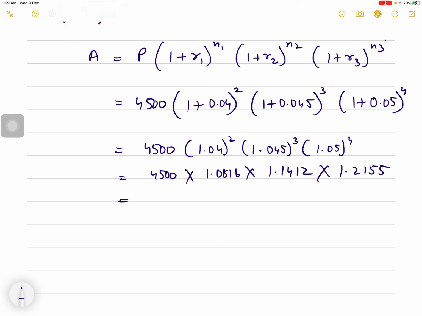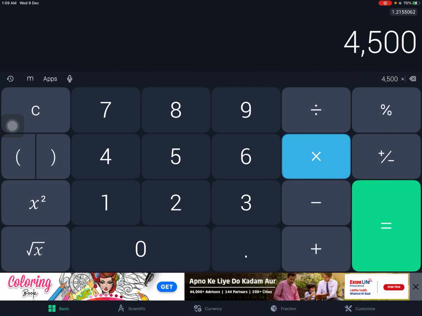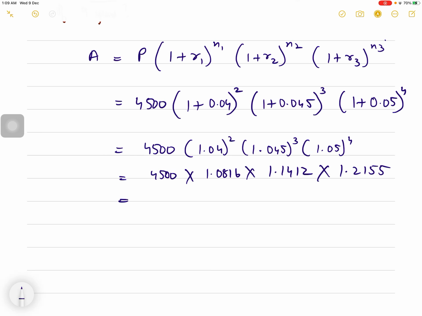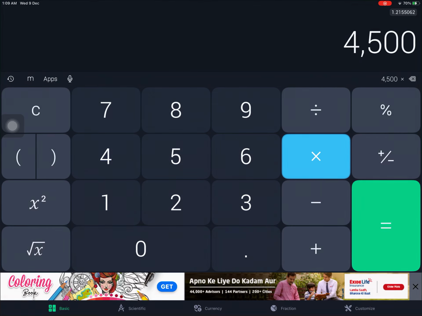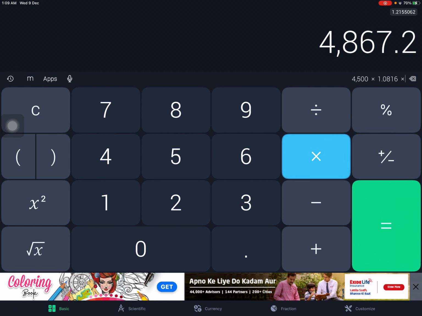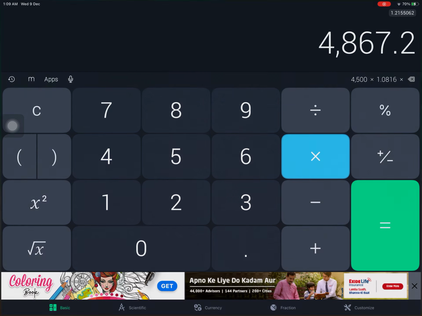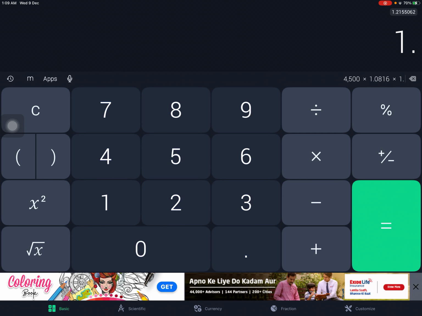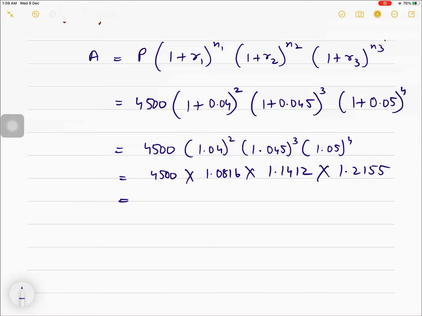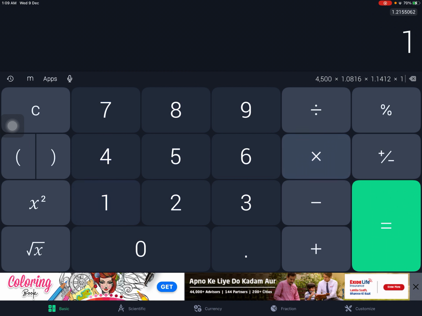Multiply these amounts: 4,500 multiplied by 1.0816 multiplied by 1.1412 multiplied by 1.2155.